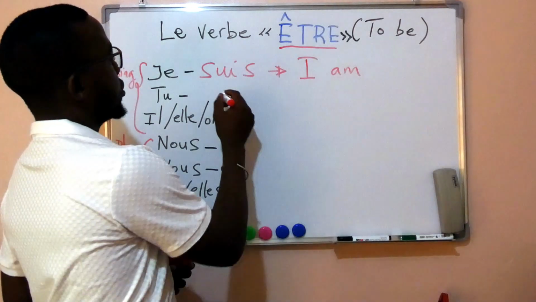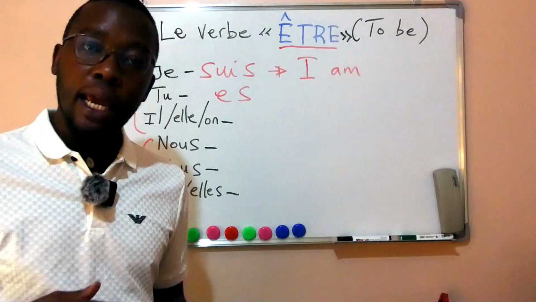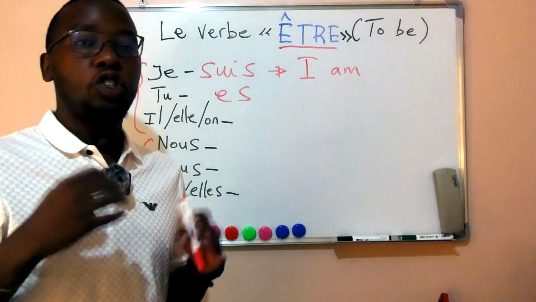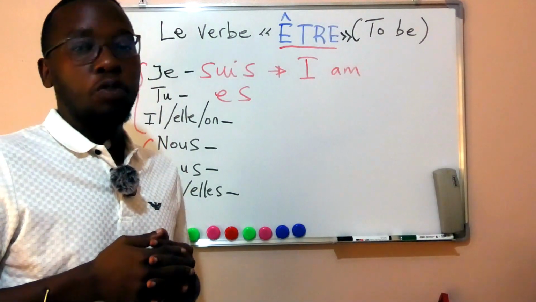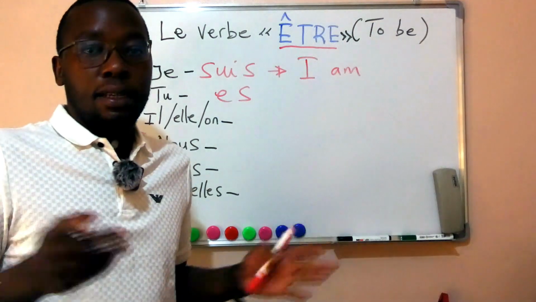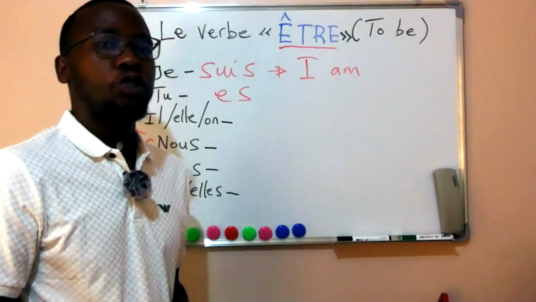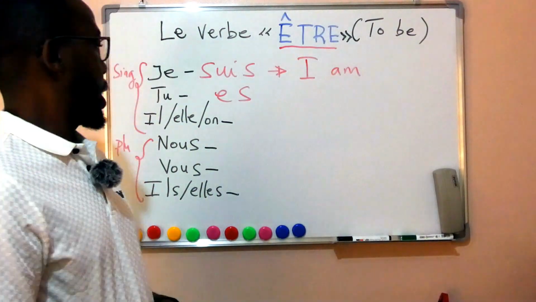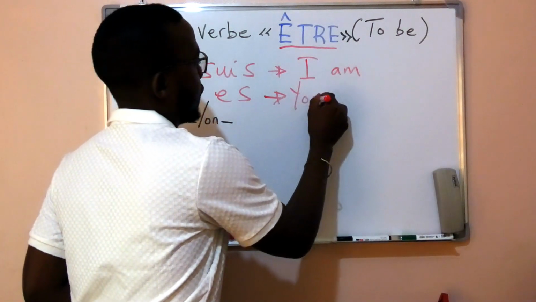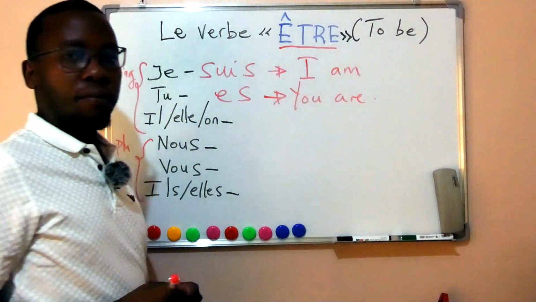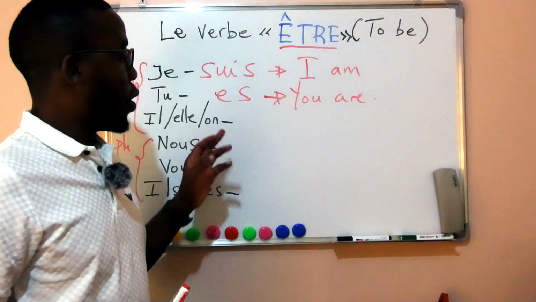And then, tu es. Some people say tu es, and then some people say tu es. When you go to France, you see that some people just say t'es. But in a standard way, we say tu es, which means you are. And then after that, we have il, elle, on.